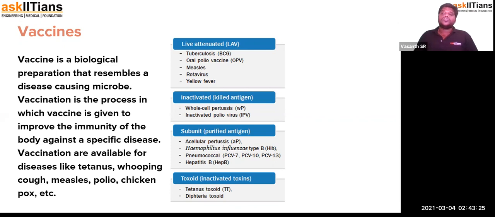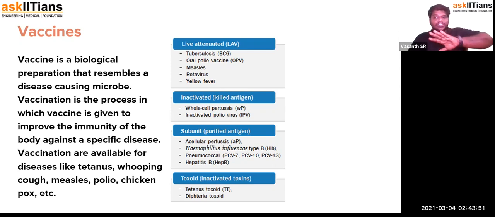Likewise, vaccines are nothing but different parts of the microorganisms which are going to cause disease conditions in our body. When we introduce them in a non-disease causing state, they will not cause disease.